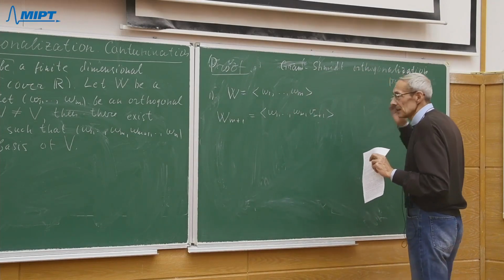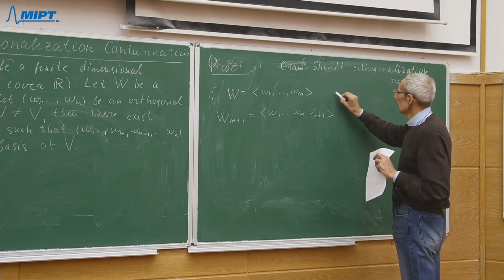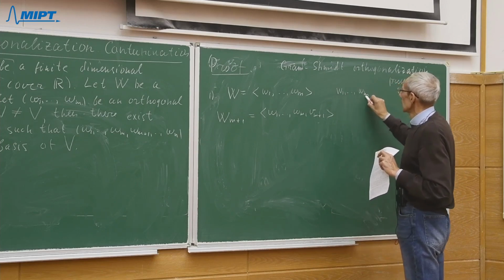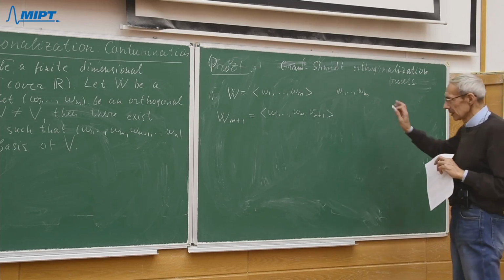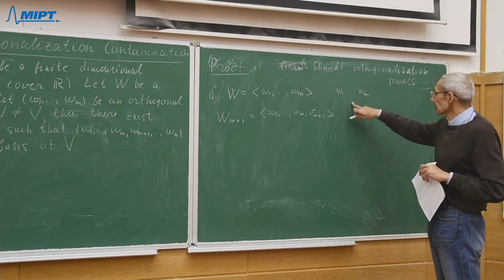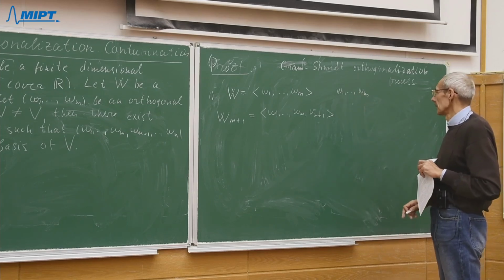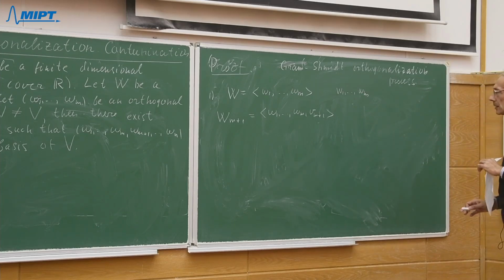The idea, roughly speaking, is the following. We have some linearly independent system of vectors W1, ..., Wm, and this system is an orthogonal system, but now that is not important.